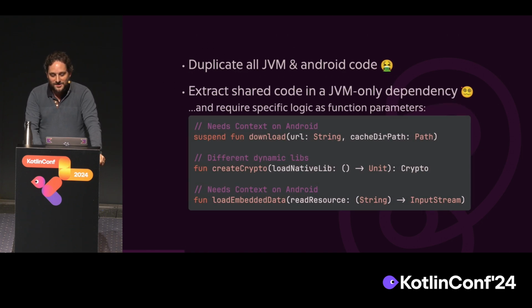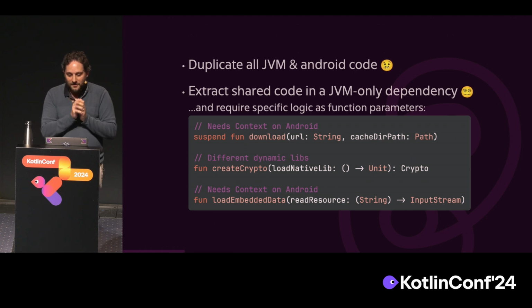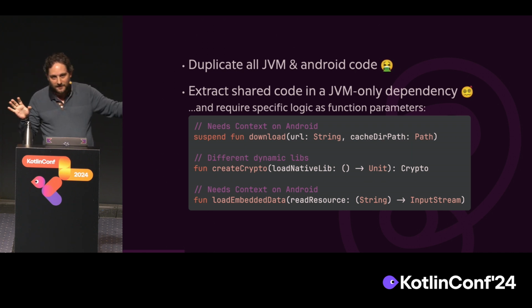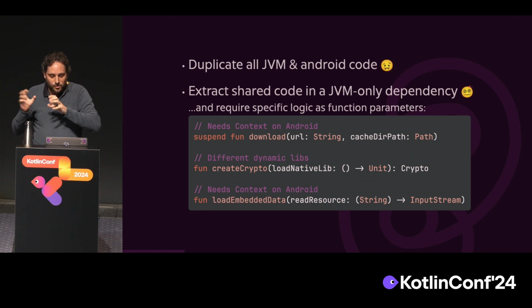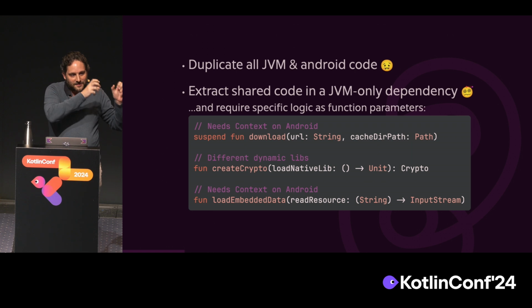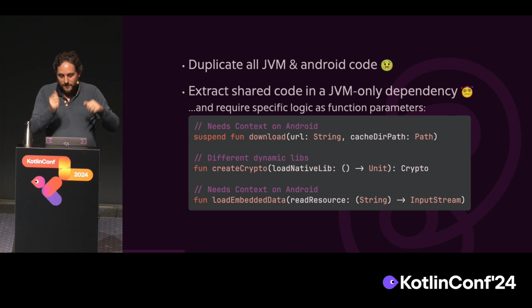Well, I could extract the shared code that is JVM only into another library and have my JVM and Android targets for my main library depend on this library. So with this solution, I have another library that only contains the JVM portion of my library that is common to both JVM and Android.